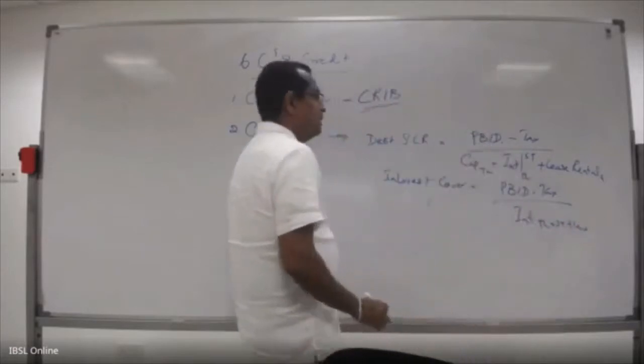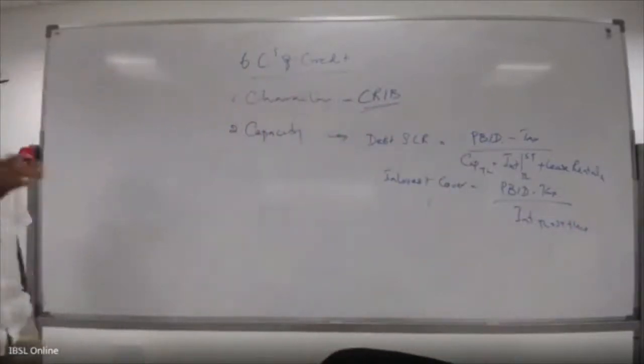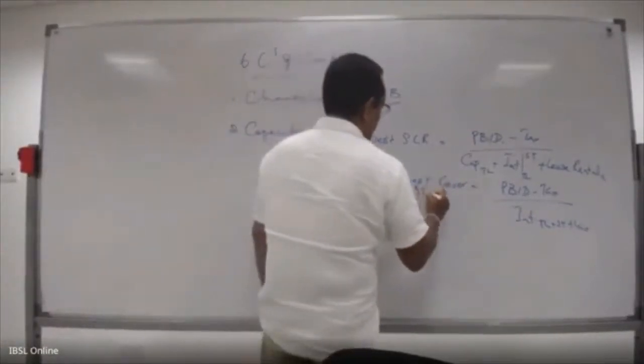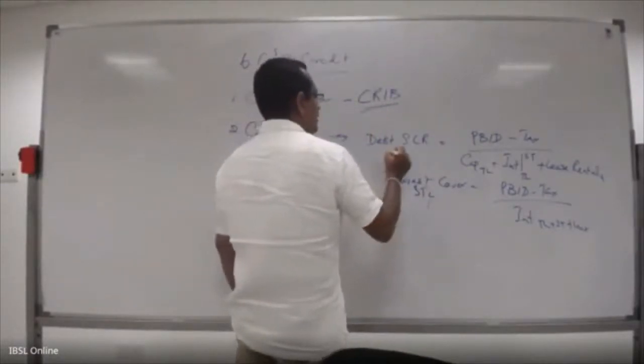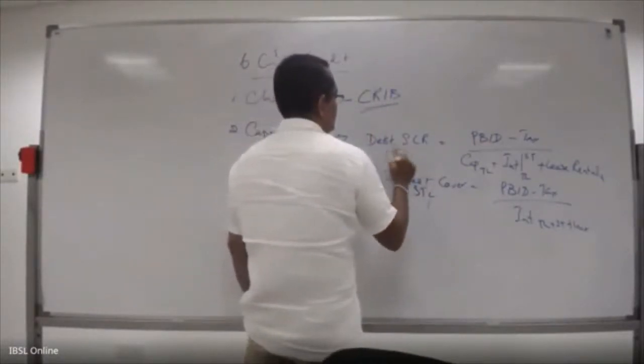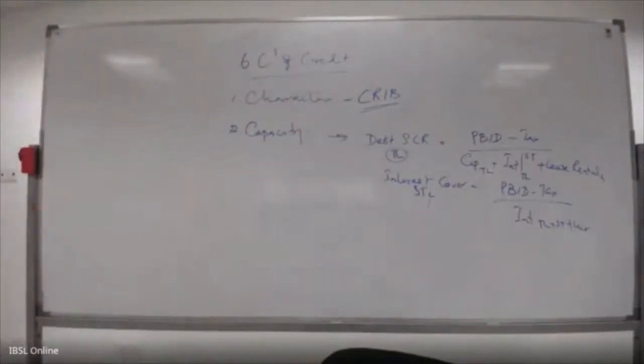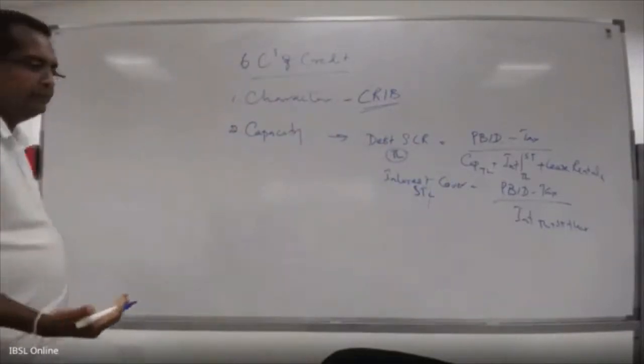That is the interest cover ratio. For short-term loans, STL, we use interest cover. For term loans and leases, we use debt service cover. That is the ability to pay, right?